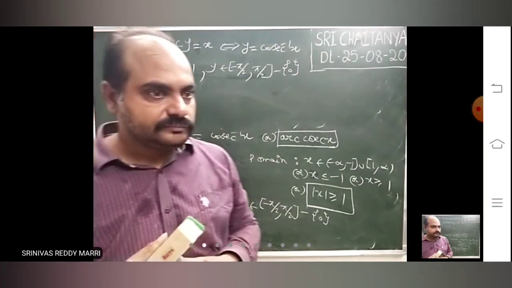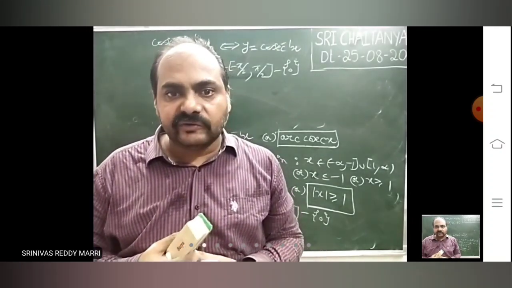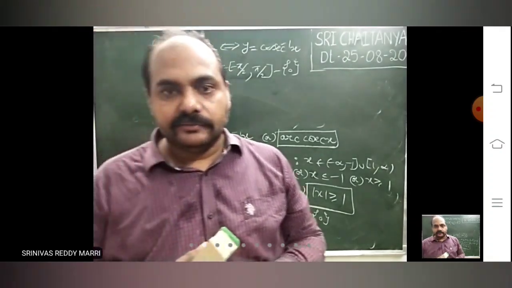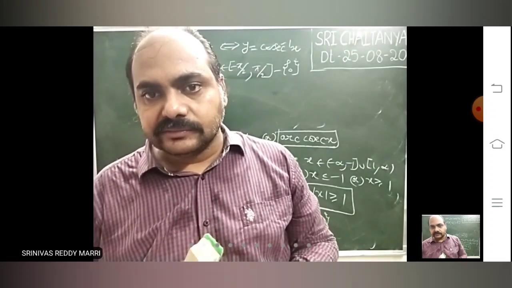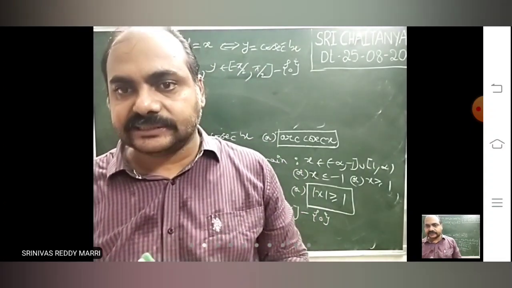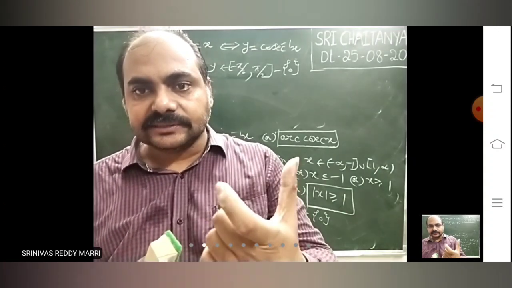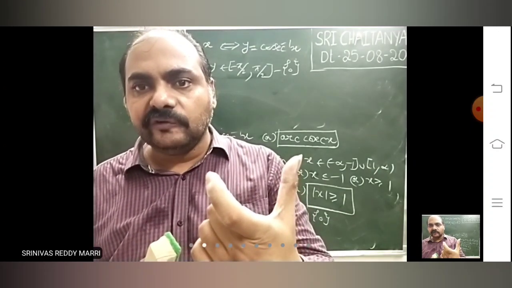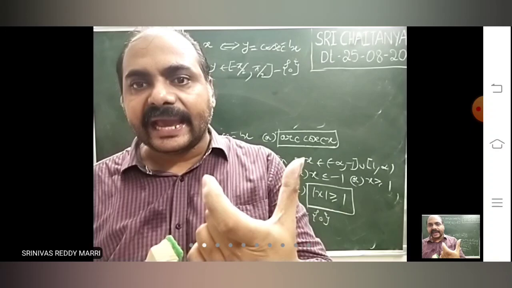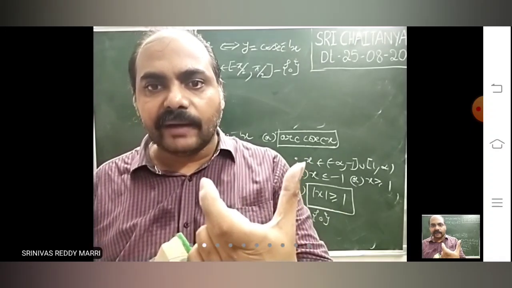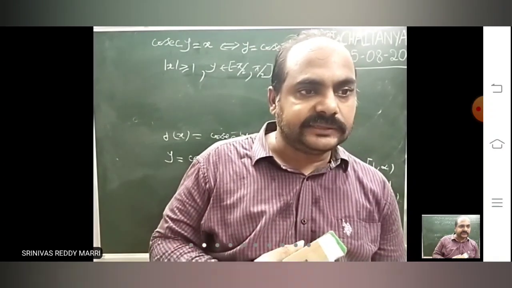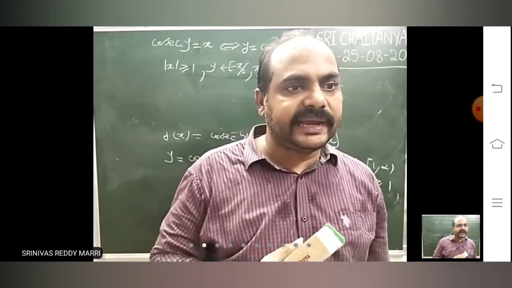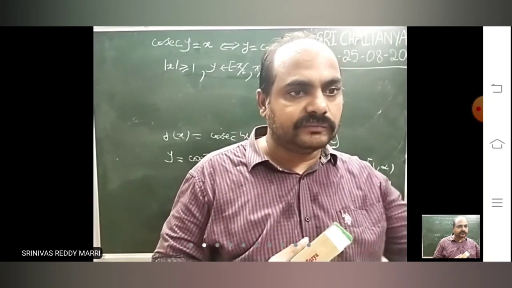So now we have defined 6 inverse functions. Let us look briefly and revise. Sine inverse x, y equal to sine inverse x. What is the rule for the domain? X belongs to the closed interval minus 1 to 1. Range is closed minus pi by 2 comma pi by 2.